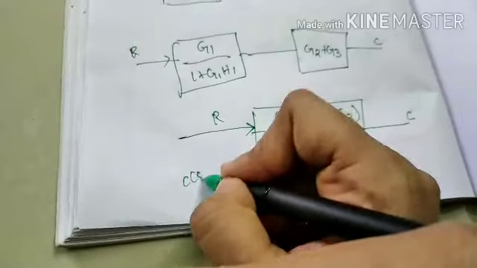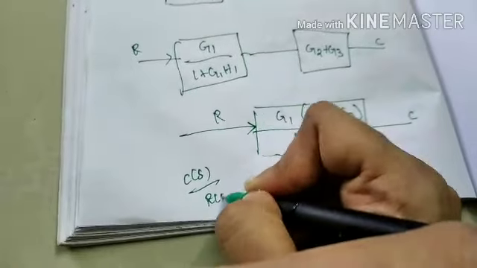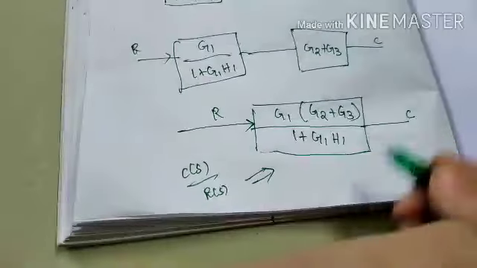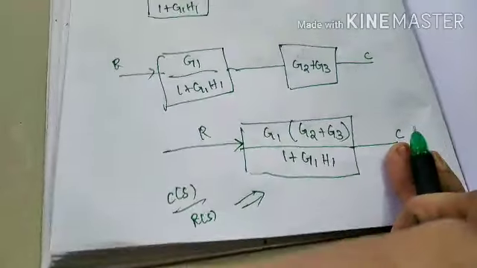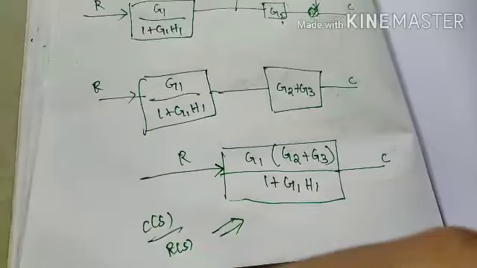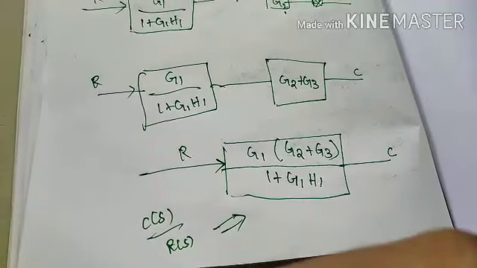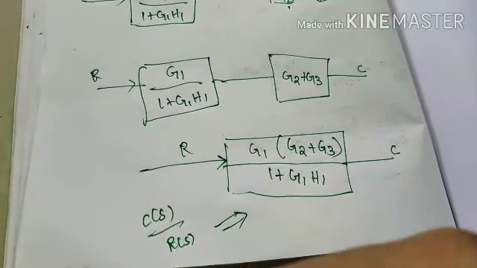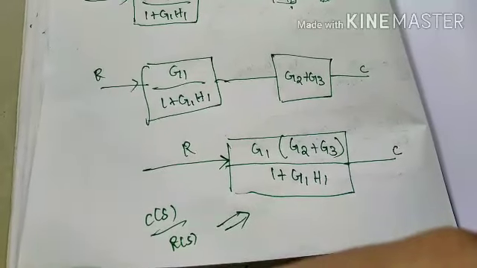So what is our final expression? C of S by R of S is equal to this equation, right? This is the transfer function of the given block diagram, right? So the block diagram reduction technique is mainly used to find the transfer function of the entire system, right?